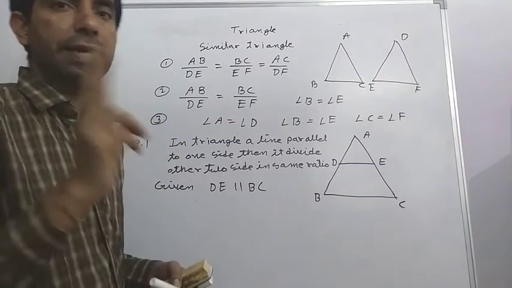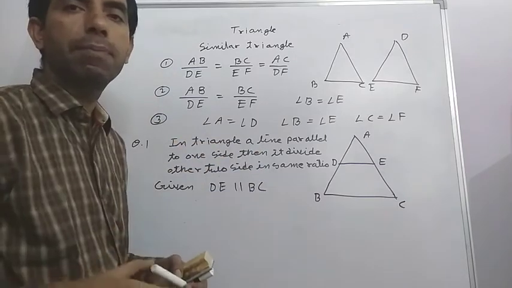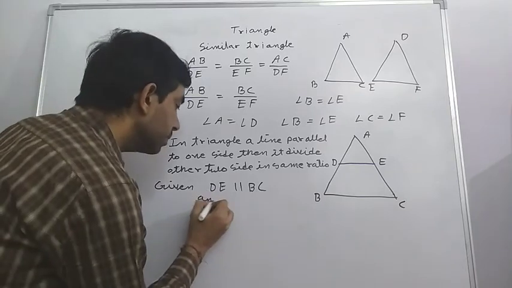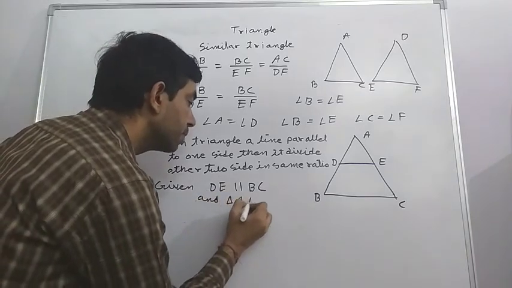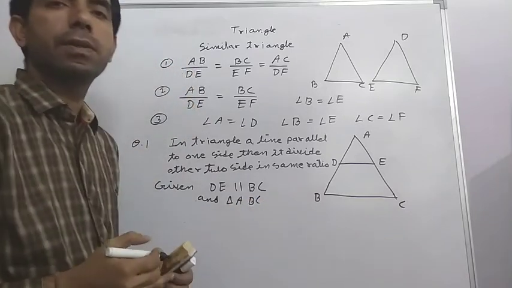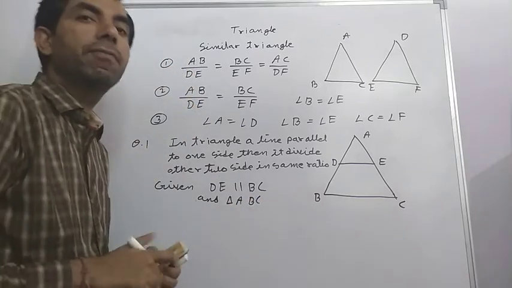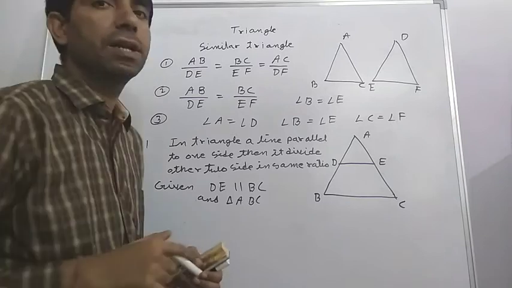One, it is a triangle. Second, DE parallel BC. We have only two things, but we have to prove the side ratios are equal.